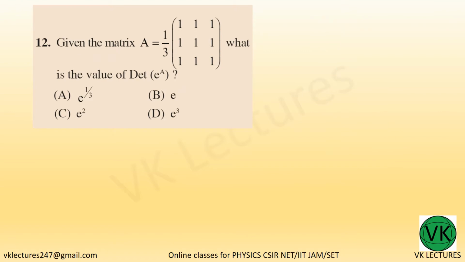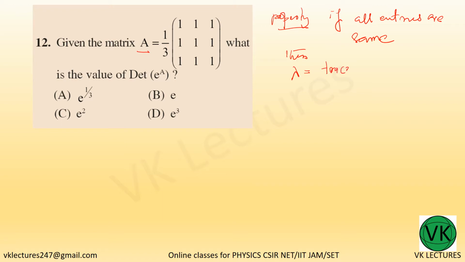Here you have a matrix given, A equal to 1 by 3 into all 1s, 1 1 1. Now there is a property of the matrix. If all entries are same, then lambda equal to trace of this matrix, and all other lambdas are 0, up to n minus 1, where n is the order.